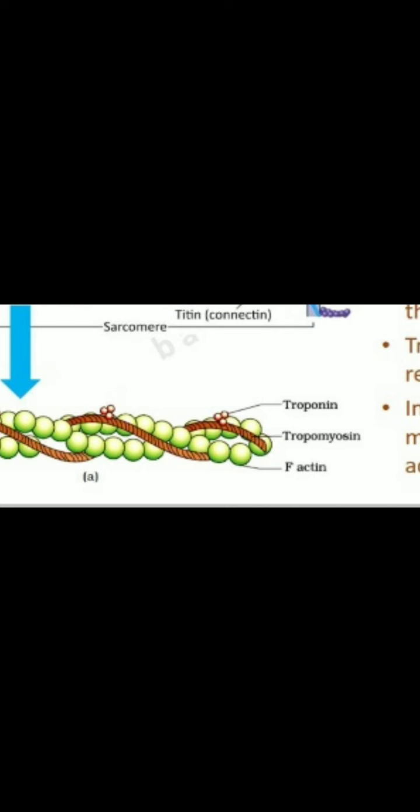It has an affinity for actin, tropomyosin and calcium ions. The troponin complex, this complex of three, is believed to attach the tropomyosin to the actin; it helps in attaching it. A strong affinity of troponin for calcium ions is believed to initiate the contraction process.